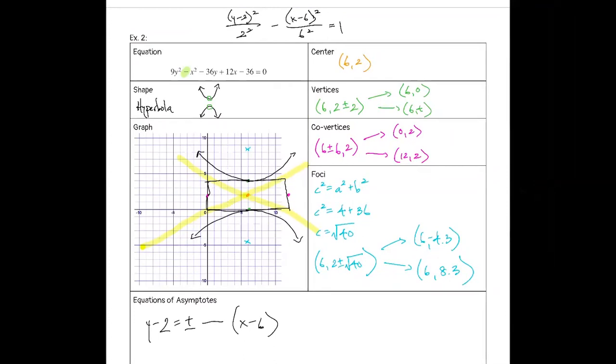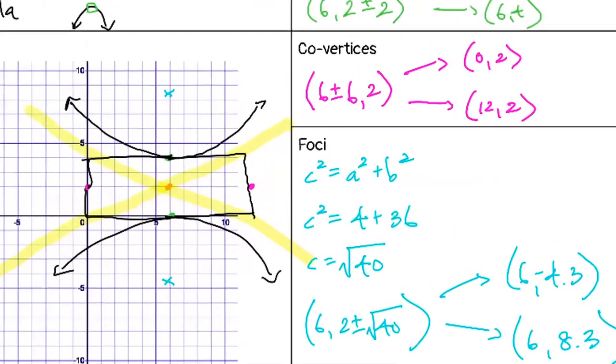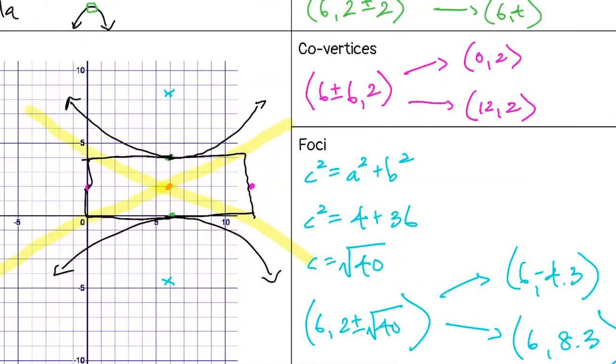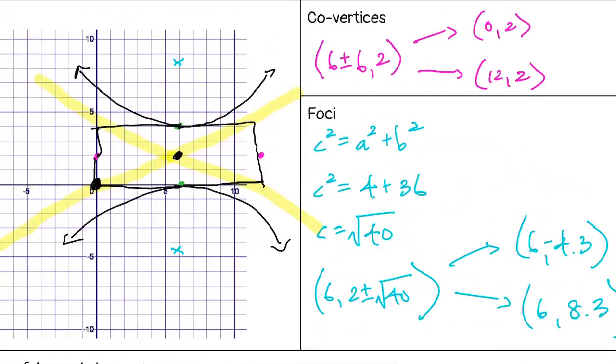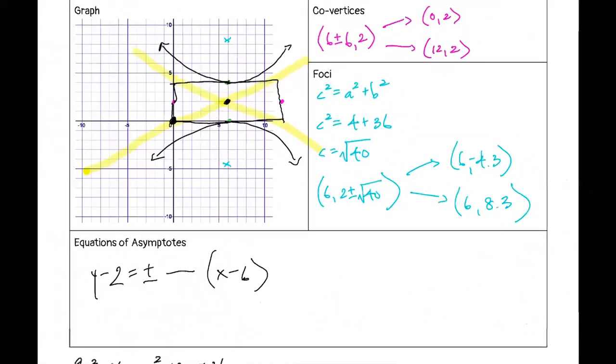So let's zoom in and see if we can count that rise over run. So let's go from here to here. I'm going to go up 2 units and over 6 units. So my rise is 2 and my run is 6.